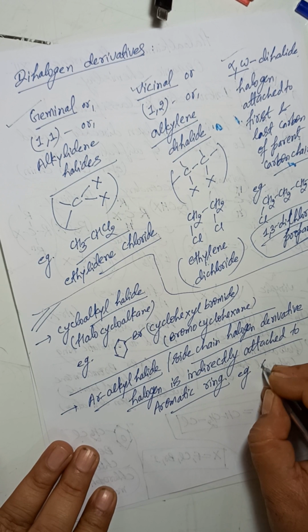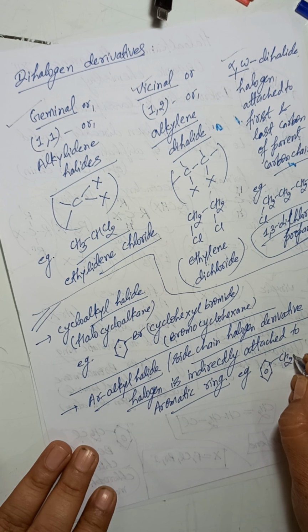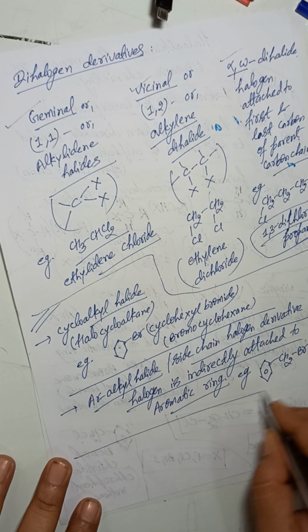For example, benzene CH2Br. That is, the halogen is indirectly attached to the aromatic ring.